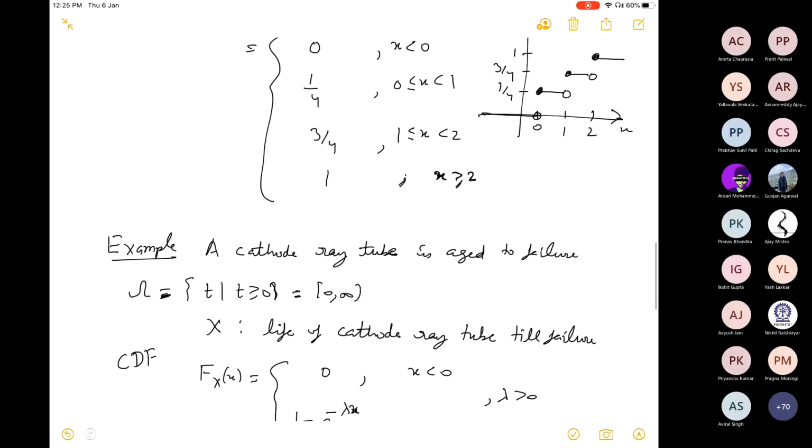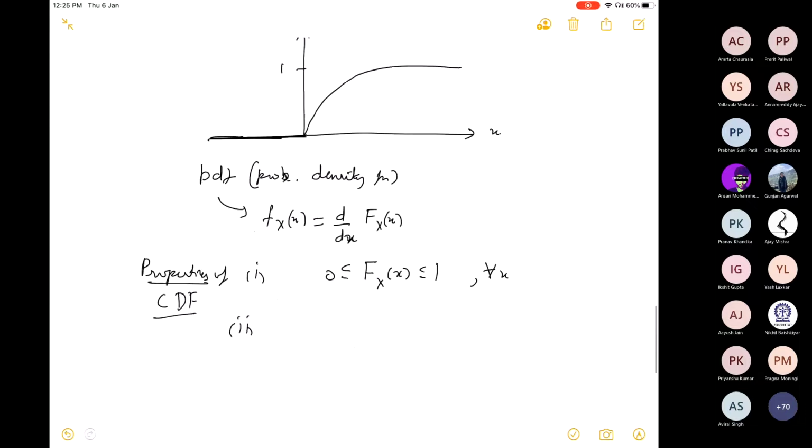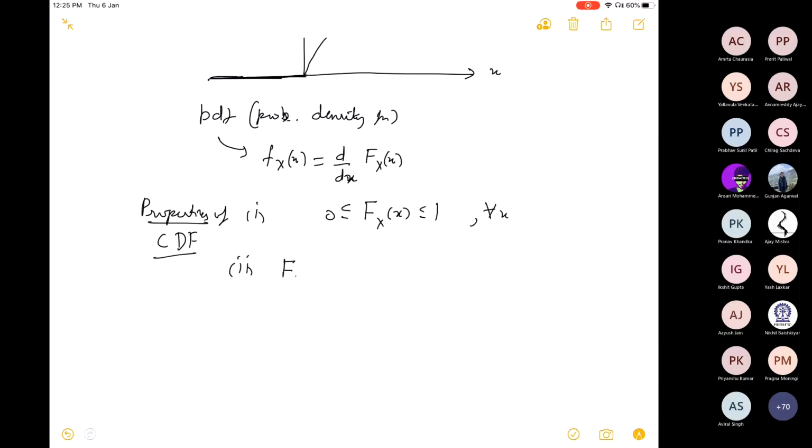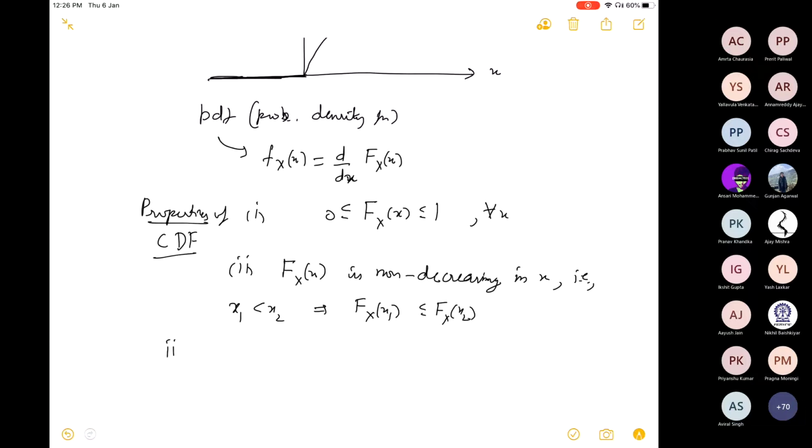Also, it is non-decreasing in X. That is, if X1 is less than X2, then Fx X1 is less than or equal to Fx X2. Third is Fx is right continuous.